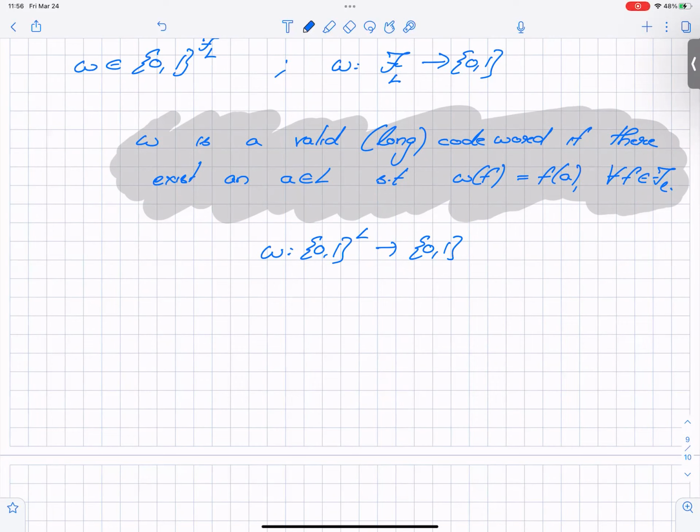This is just picking the A coordinate in it and outputting it. So it is just stating that W of any string X is exactly X at A. So it is a dictator corresponding to A.